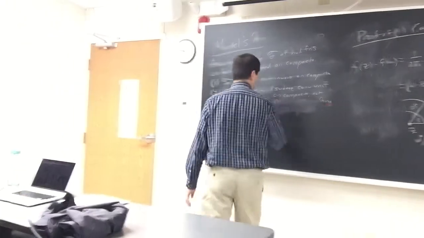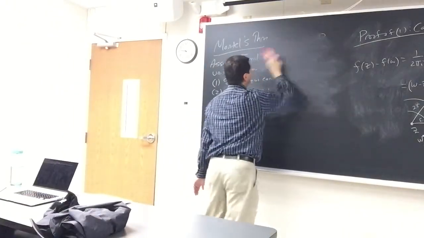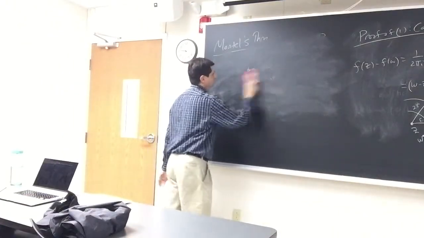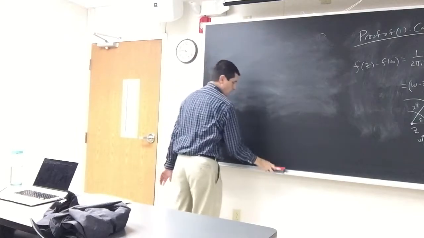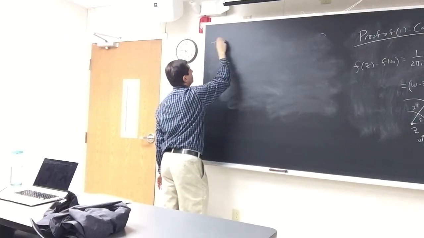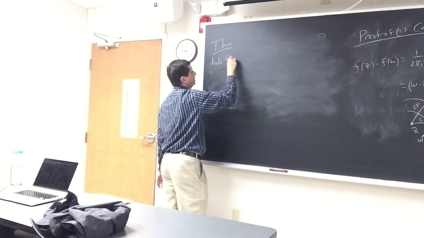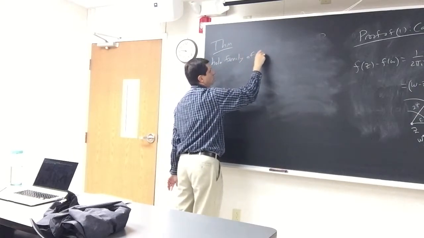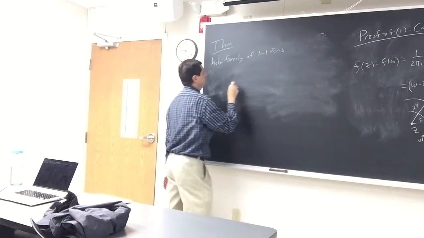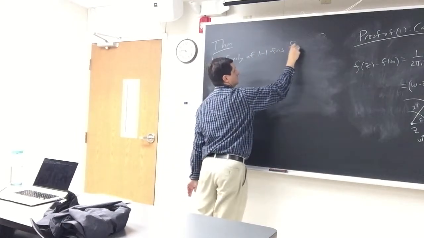Okay, so the next one is the one-to-one theorem. So theorem: we have a holomorphic family of one-to-one functions, f_n.